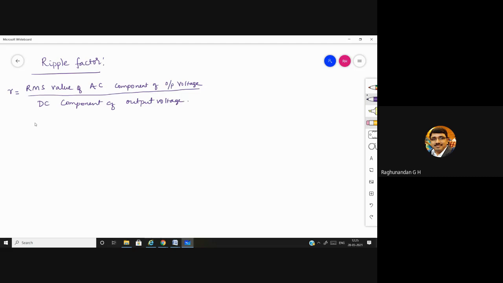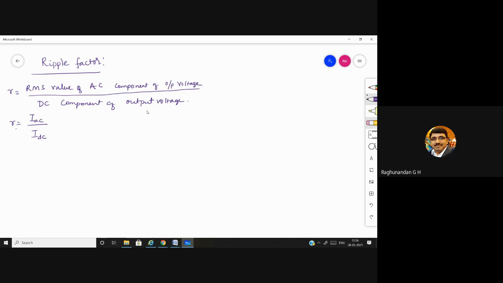So here R is equal to IAC by IDC. So here we will be taking for ripple factor IAC by IDC. As I had told you before, the RMS value is going to give the average value of AC, and ripple factor is the ratio of AC component in DC output. So IAC by IDC is going to tell how much AC component is present in the output.